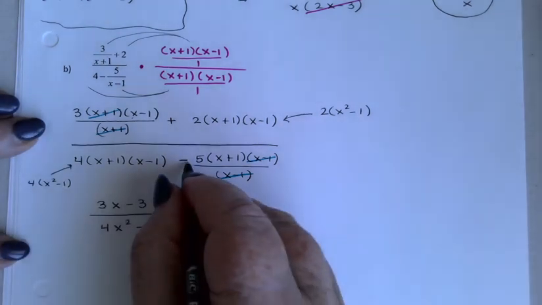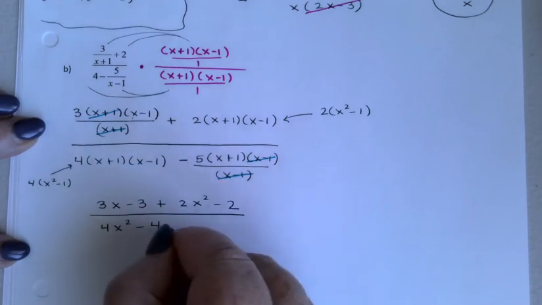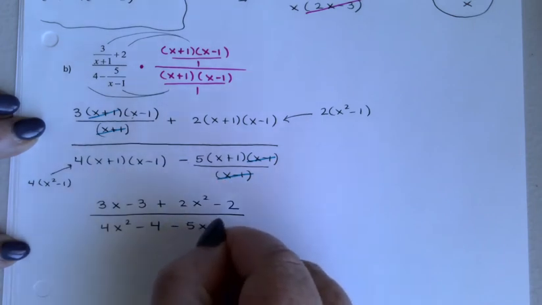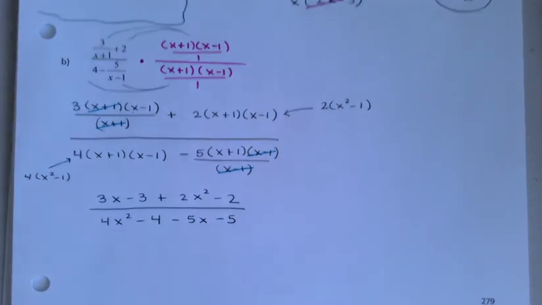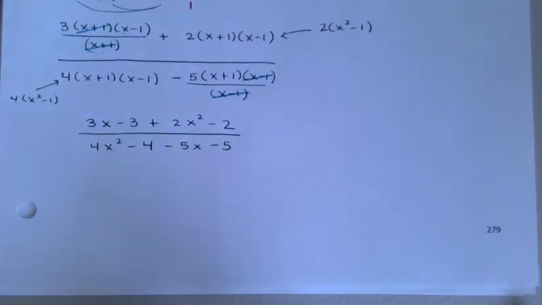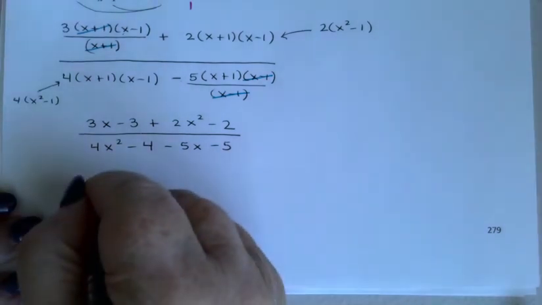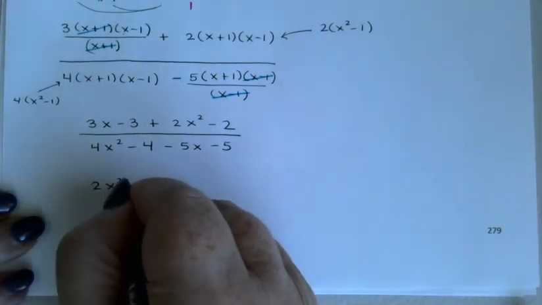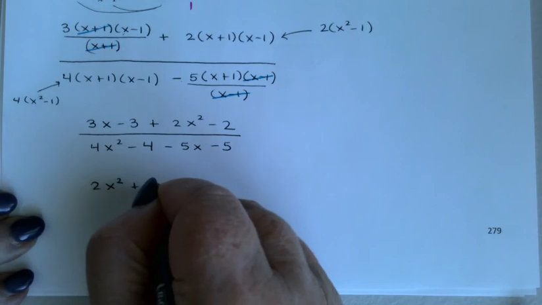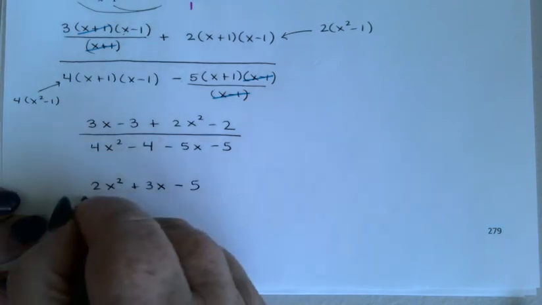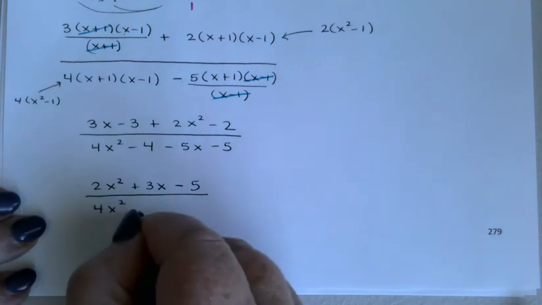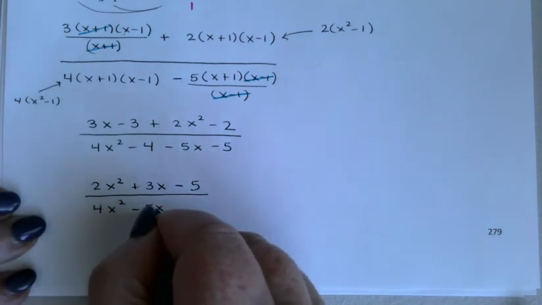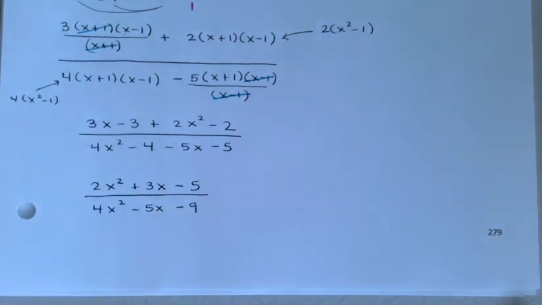And then I got to distribute the negative 5, so negative 5x minus 5. All right, get some descending order going here. 2x squared plus 3x minus 5 on top, and 4x squared minus 5x minus 9 on the bottom.